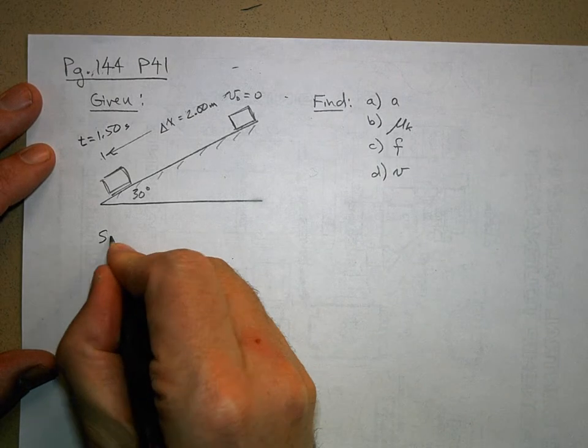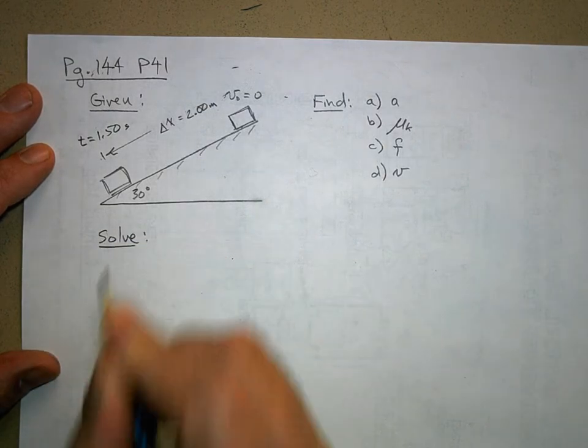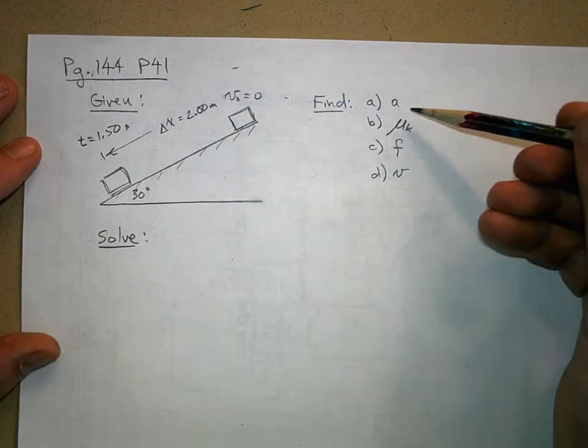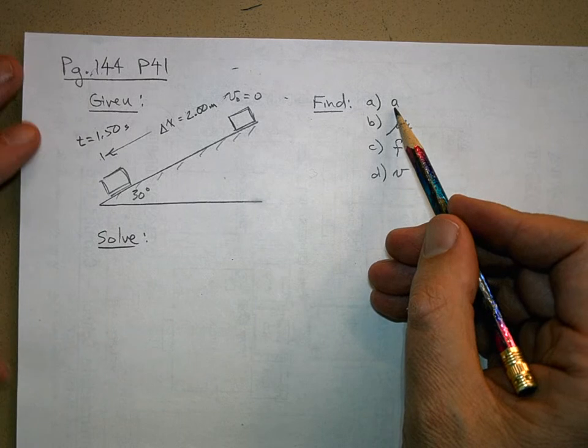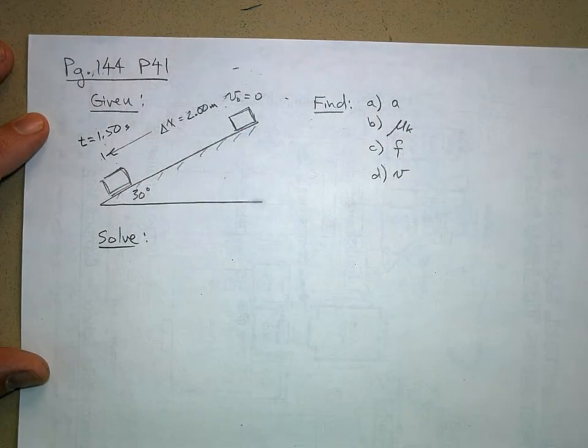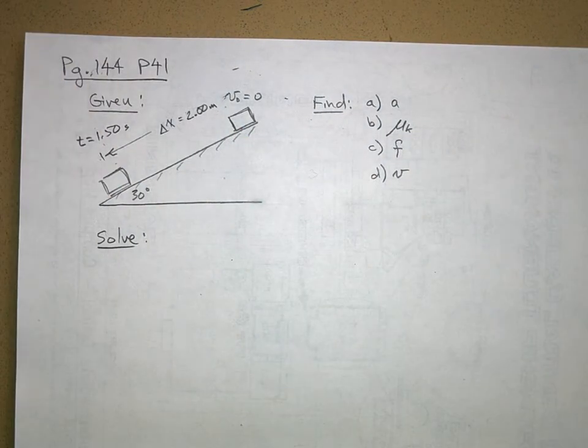Okay, so let's solve. Some of these look more like kinematic things. A and D you could probably just use the kinematic equations to solve. When we're given a displacement, time, and initial velocity, and we're trying to find acceleration, which kinematic equation would we use?